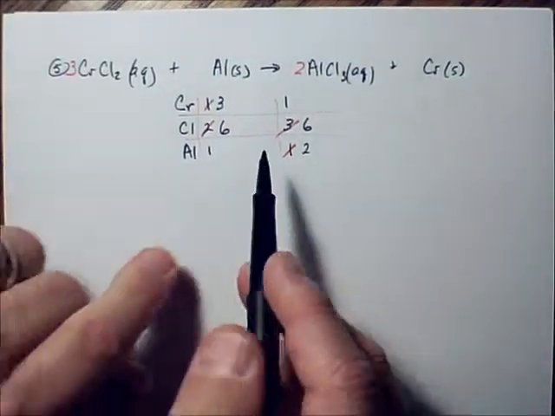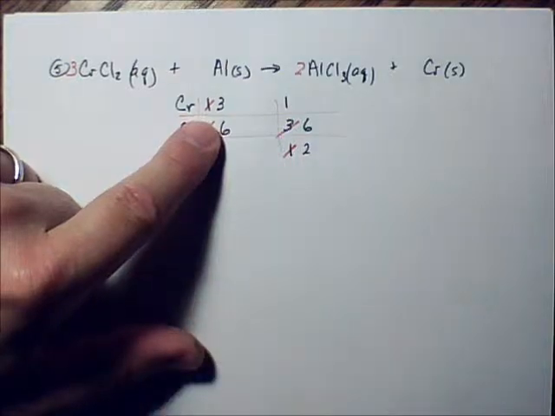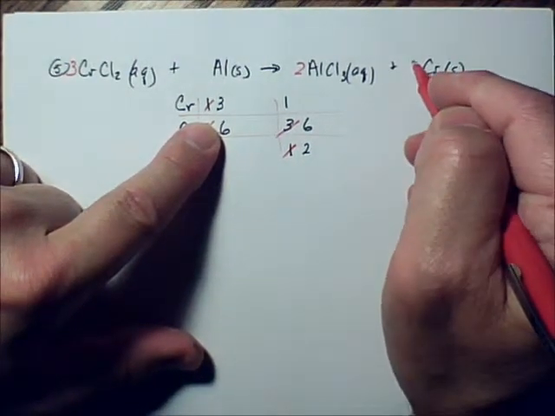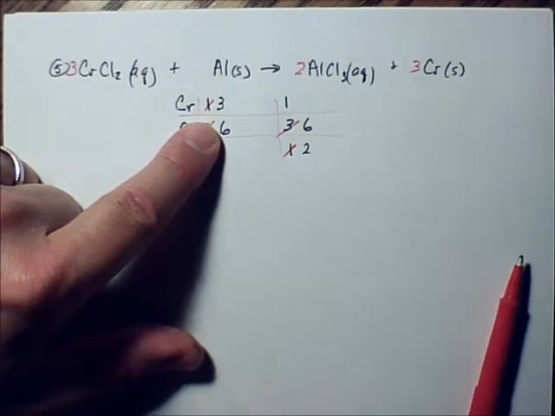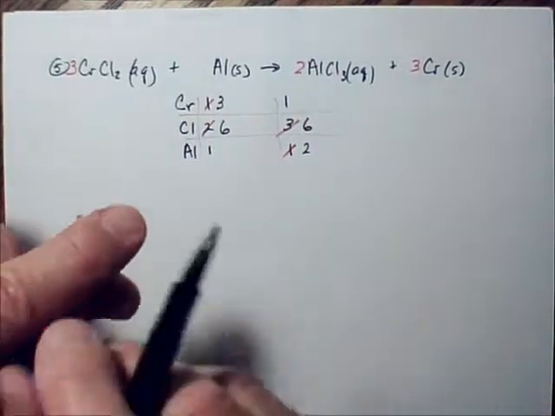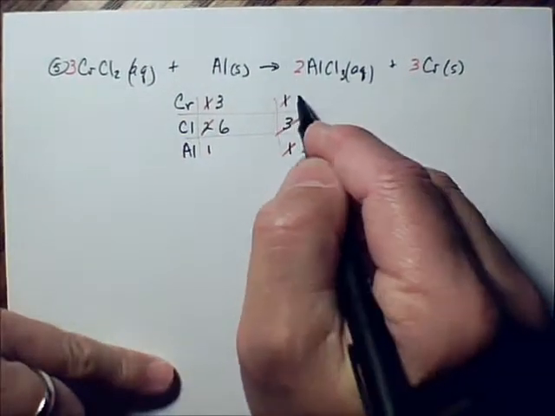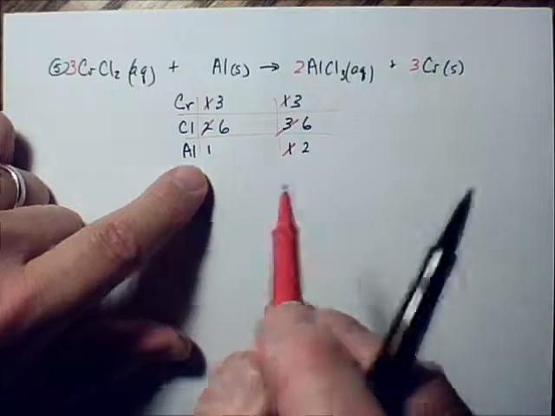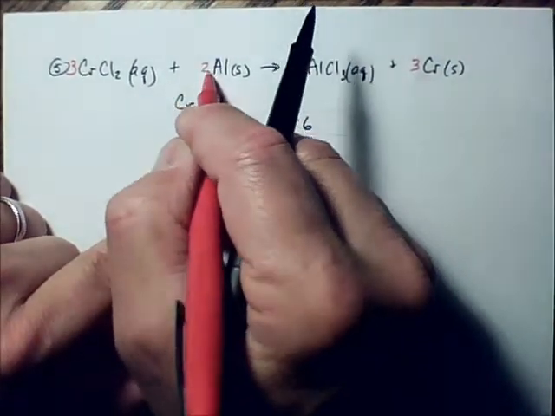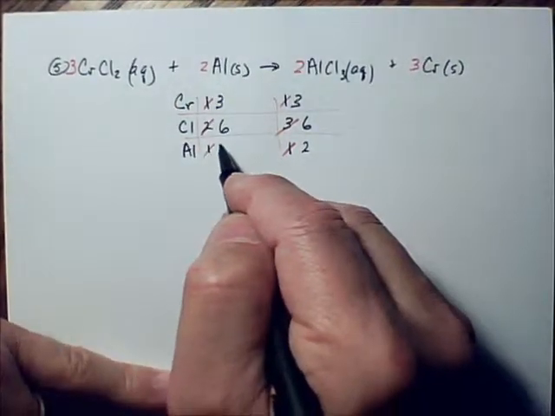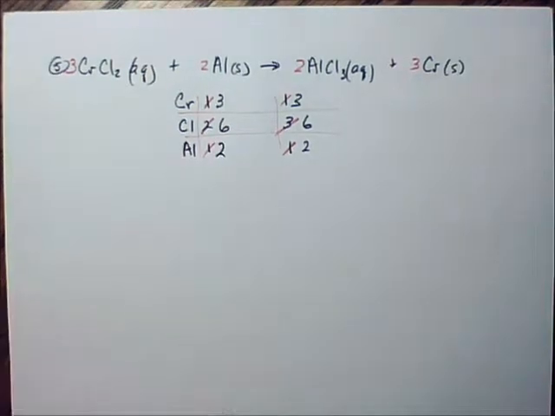So I need to balance the chromiums now. And that one's fairly simple. I put a 3 here. That's going to give me 3 chromiums. And I'm going to put a 2 here, and that's going to give me 2 aluminums, and that balances the equation.